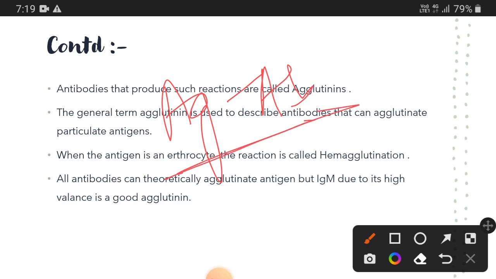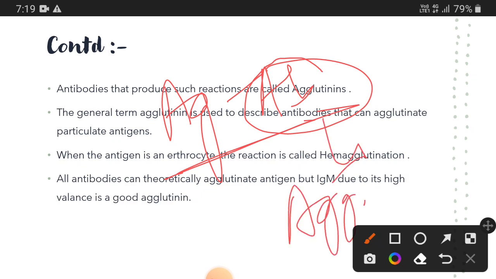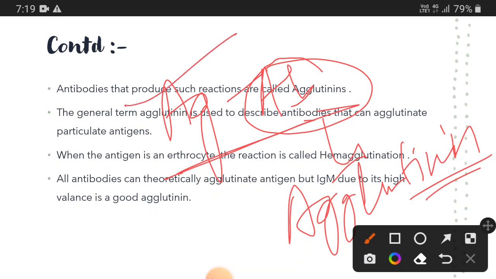The antibody that agglutinates antigen is called agglutinin. And if the antigen is erythrocyte, then the entire process is referred to as hemagglutination. Remember, all antibodies can theoretically agglutinate antigen, that means all antibodies can theoretically form visible clumping of particulate antigen, but IgM, due to its high valency, is a good agglutinin.